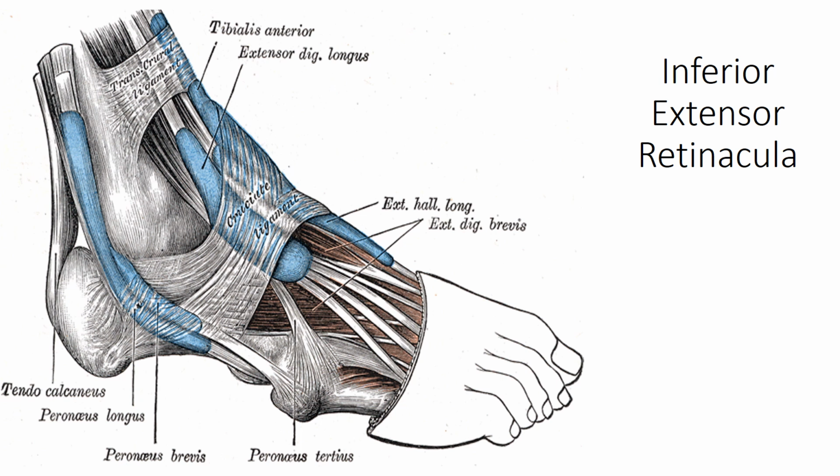This is the lateral view of the retinacula, and here this is the stem of the inferior extensor retinaculum being attached to the calcaneus, this upper border of the calcaneus.